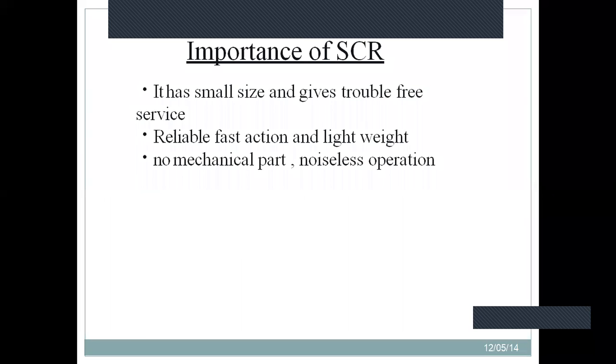So two modes of operation are forward bias and reverse bias, and three states are forward blocking mode, forward conduction mode where the SCR is turned on, and the reverse blocking mode where the SCR is turned off. Based on the study of SCR, the SCR has some importance. They are small in size, reliable, fast, and have no mechanical part, hence noiseless operation.